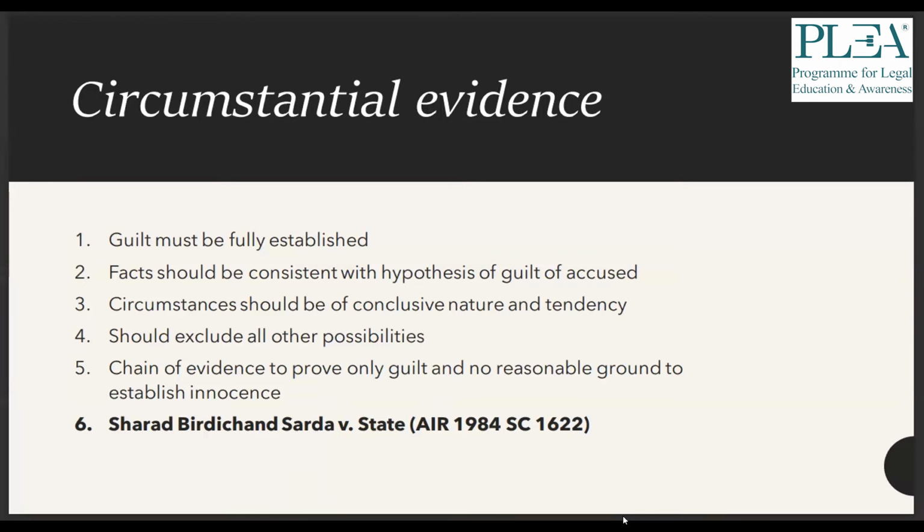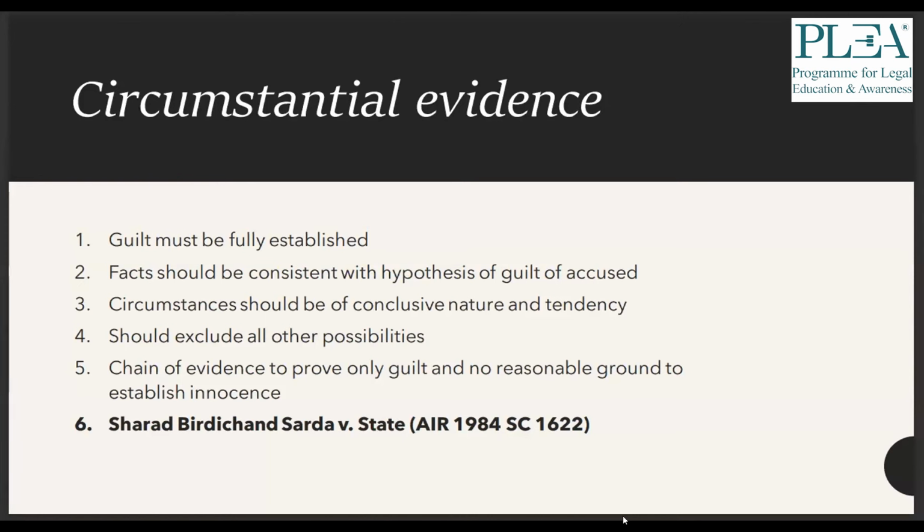That's very important: a chain of evidence to prove only guilt and no reasonable ground to establish innocence. So basically, all the facts, all the circumstances that you have narrated, all the evidence that you have furnished should not give even a single chance to the advocate of the accused to establish that no, he's not guilty of that crime but innocent.